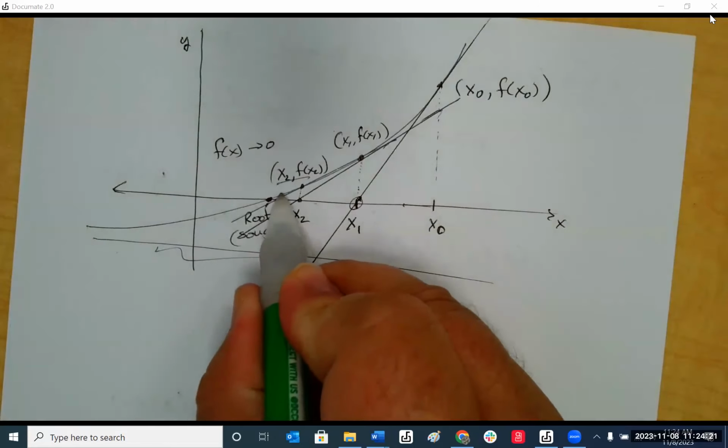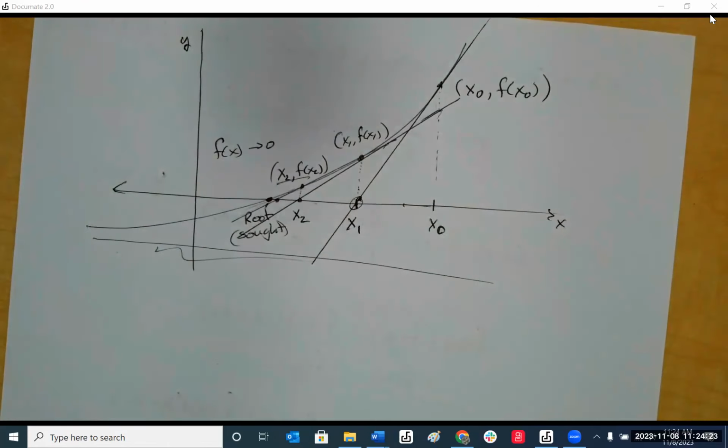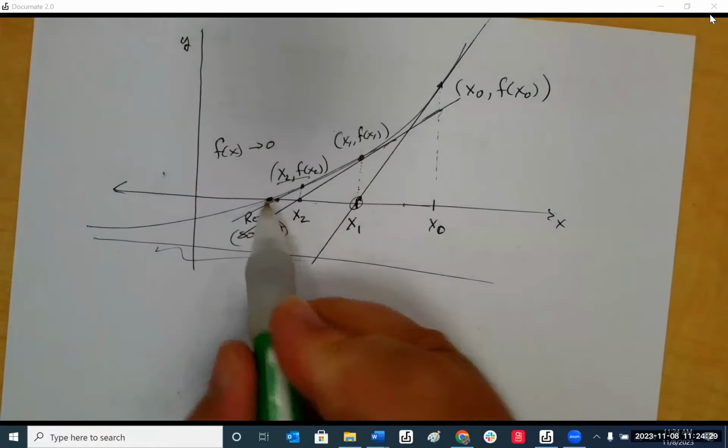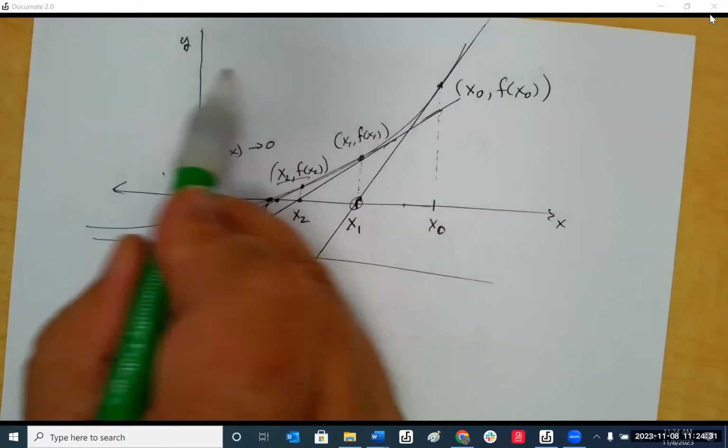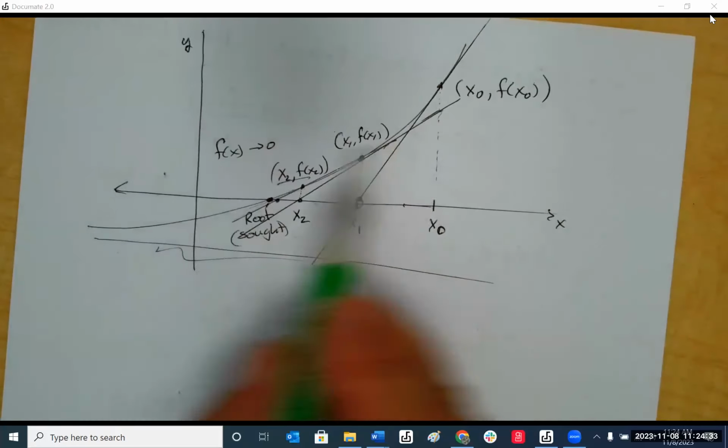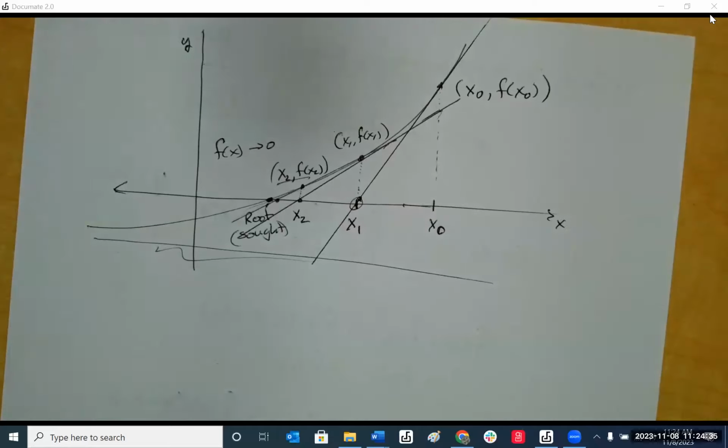So now this one gets even more shallow. Eventually, when we get to our value, these values will get closer and closer to the solution point we're looking for. And you'll notice that if you keep on going past that point, the slopes will change from positive to negative, or it'll start going further away.